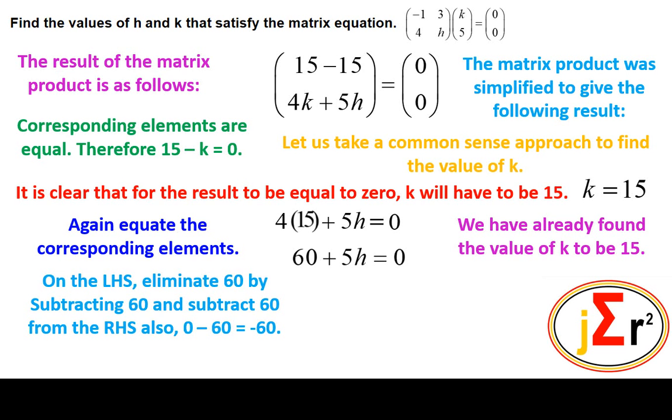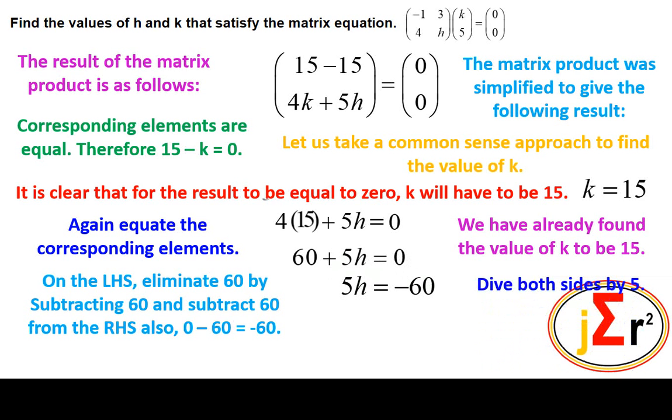Subtract 60 from the left-hand side. 60 is going to be eliminated. Subtract 60 from the right-hand side. We will have 0 minus 60 is equal to negative 60. The resulting simplification is 5h is equal to negative 60.